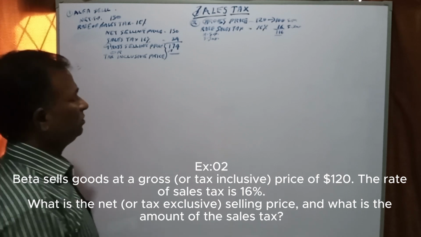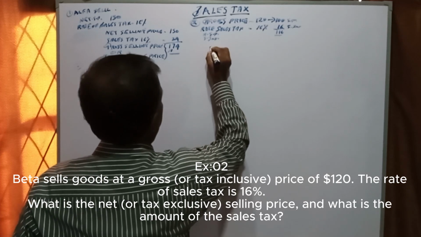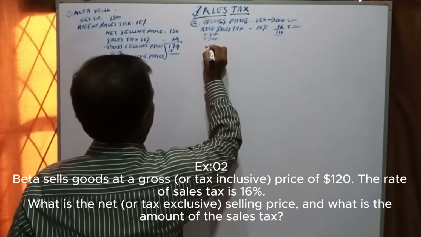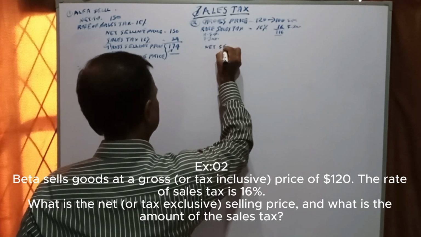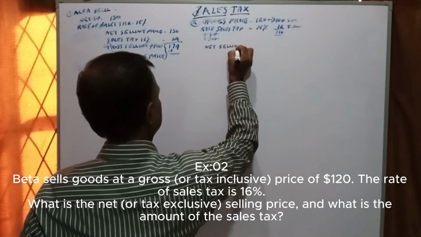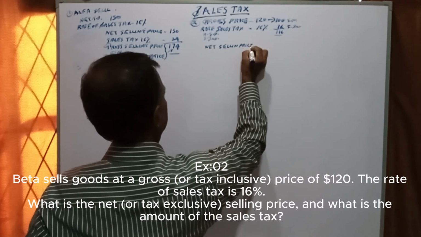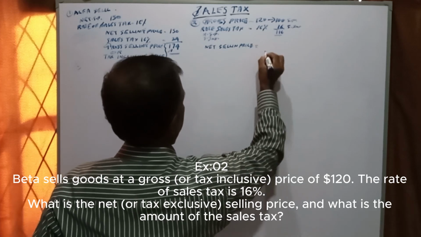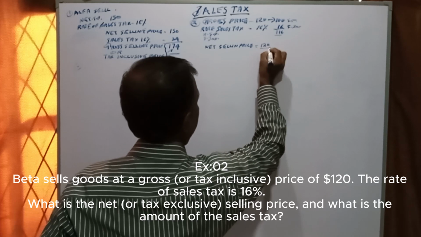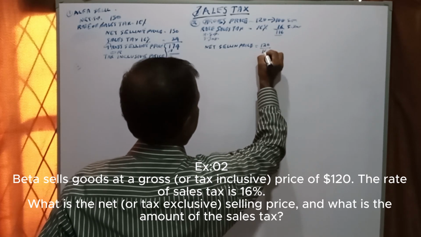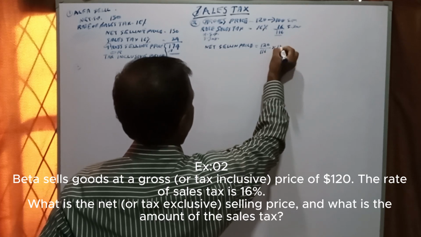So if we want to get the net selling price, net selling price equals 120 divided by 116, into 100.